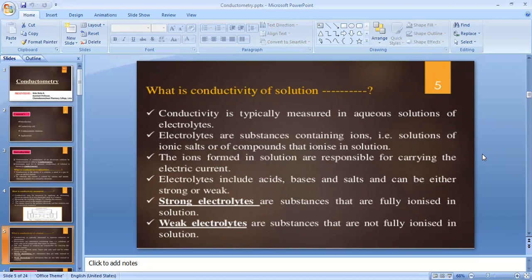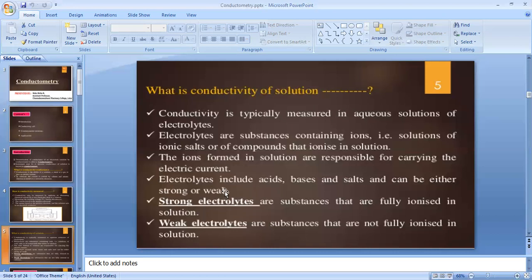The electrolytes may be acidic, basic, or salts, and each may be either strong or weak in nature.